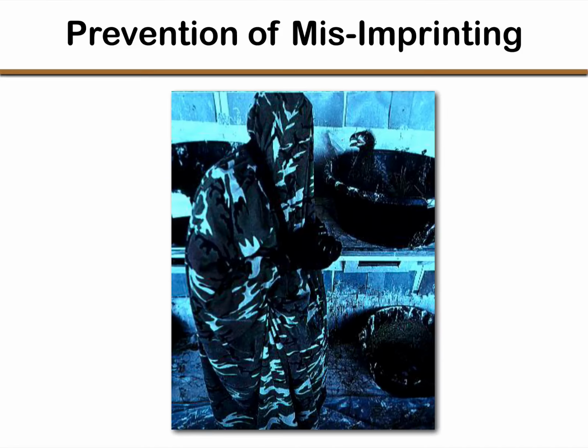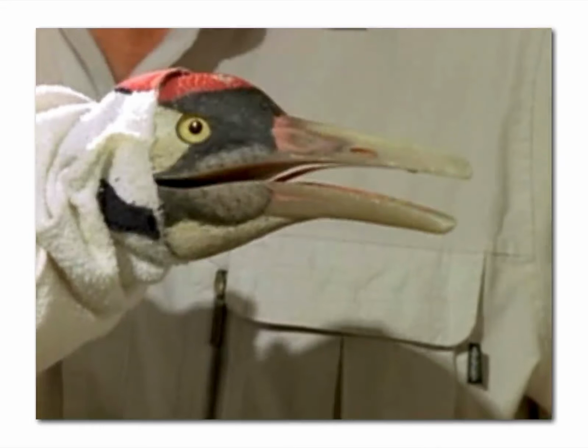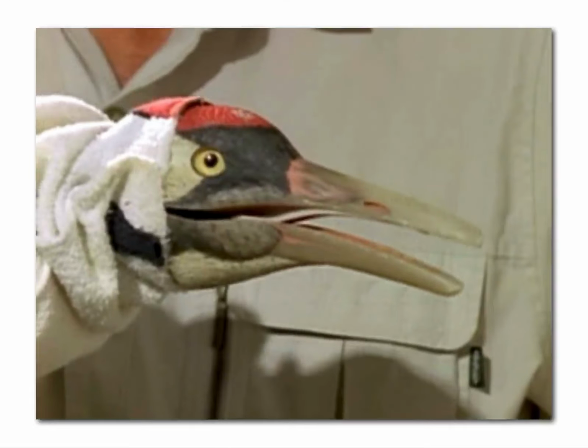And again, these are cranes that were endangered or injured. I'm not sure how these guys got here, but again, they're being fed by a human who's hiding his face, wearing this puppet.